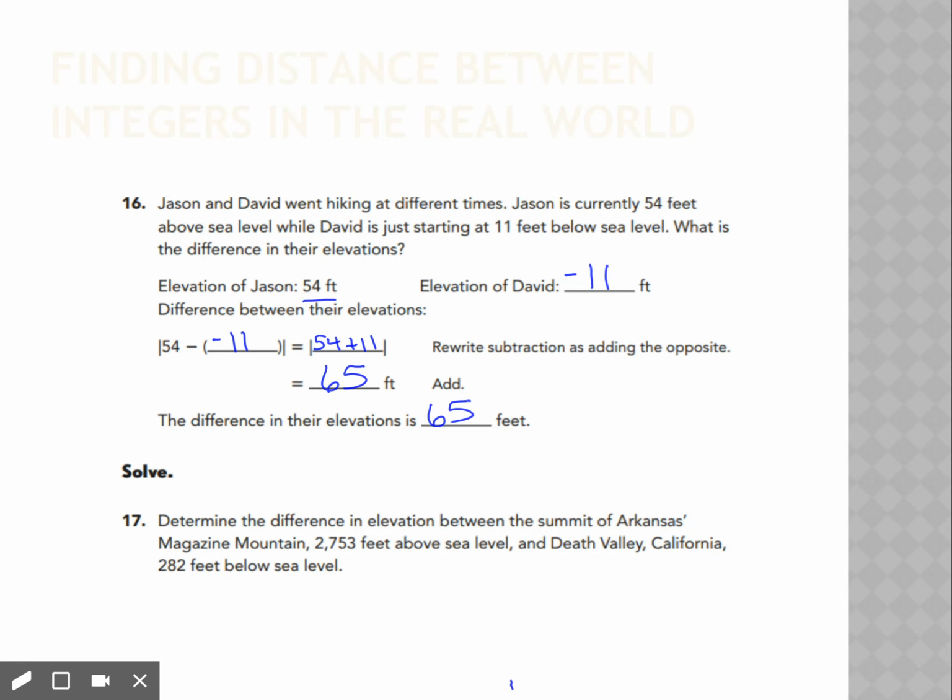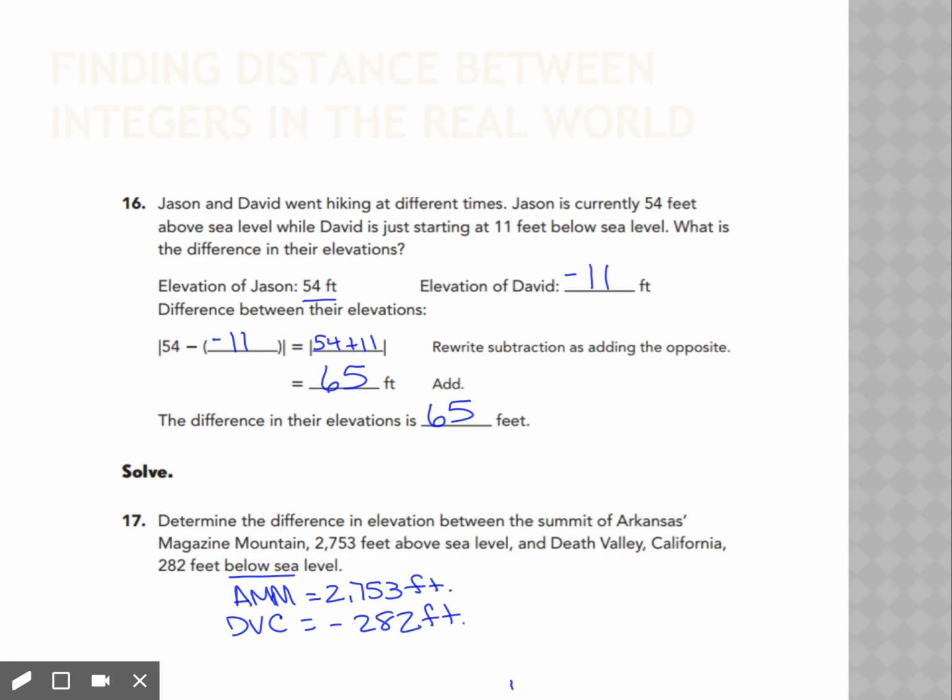Let's do number 17 here. We're determining the difference in elevation of the Arkansas Magazine Mountain. So AMM, I'm just going to abbreviate, is 2,753 feet above sea level. And Death Valley, California, DVC, is 282 below sea level. So that's a negative 282 feet.